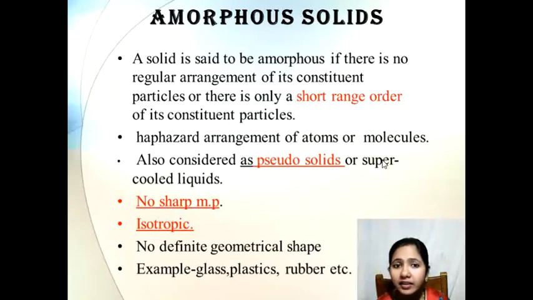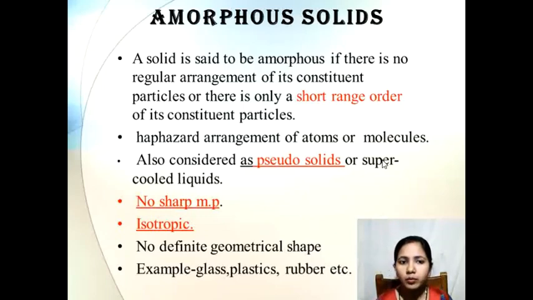They are direction independent. So, isotropic. The last point is that they do not have a definite geometrical shape. The examples given here are plastic, glass, rubber, etc.